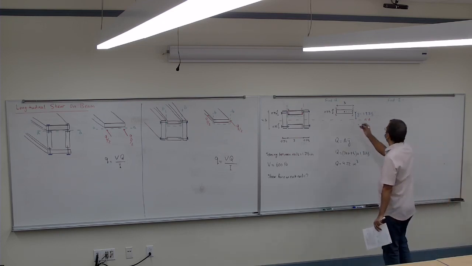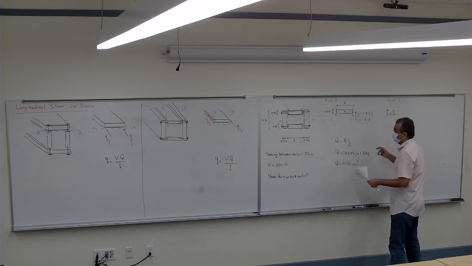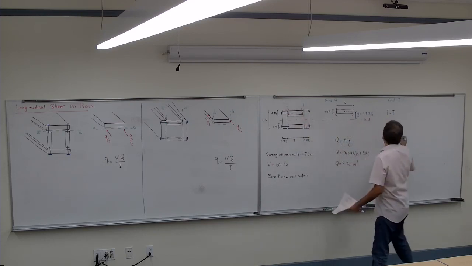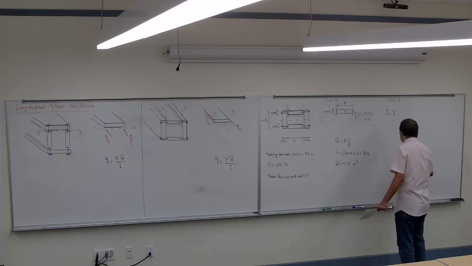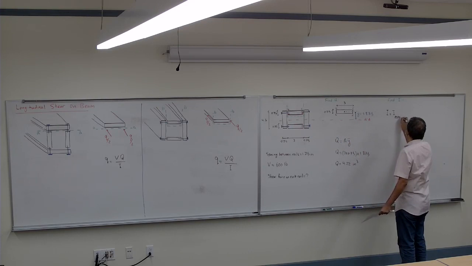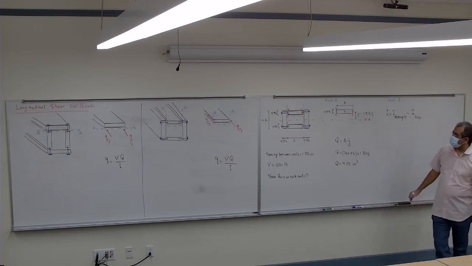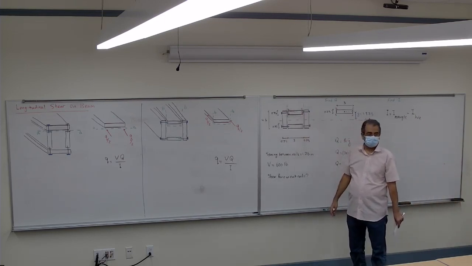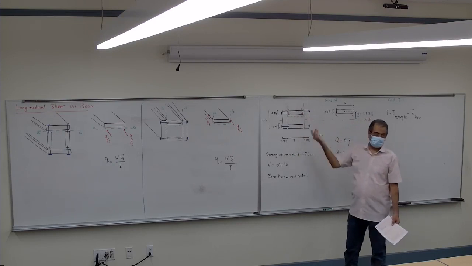So can I say the I for the entire cross section is the I of the square or rectangle, it's not exactly a rectangle, minus the I of the hole. So I of that cross section minus the I inside that. It's easier to do it that way. As I said, you can calculate the I for all four and then add them together.